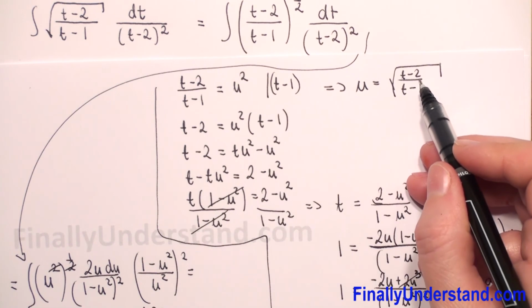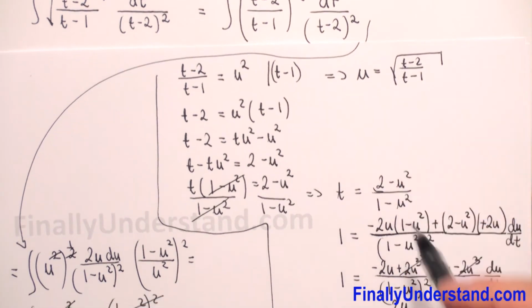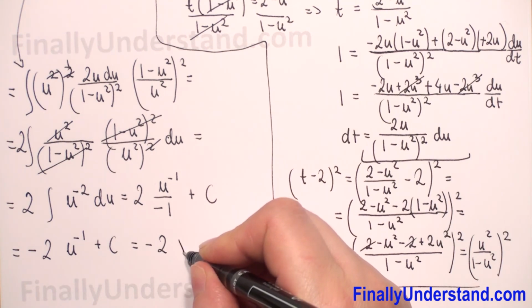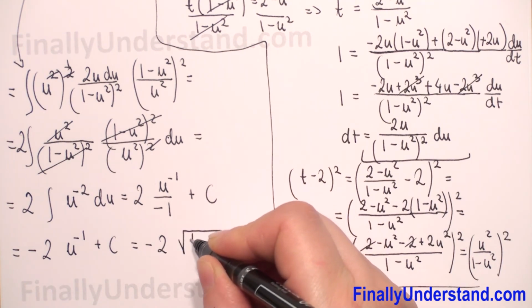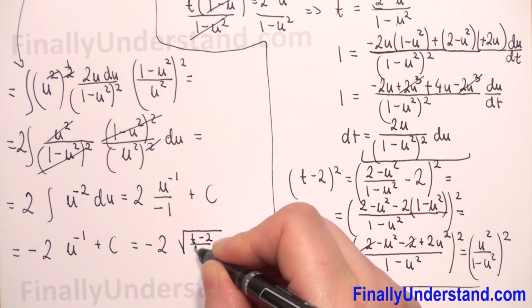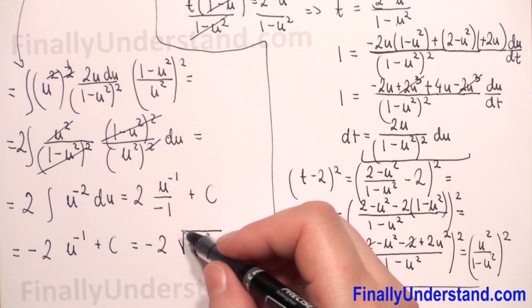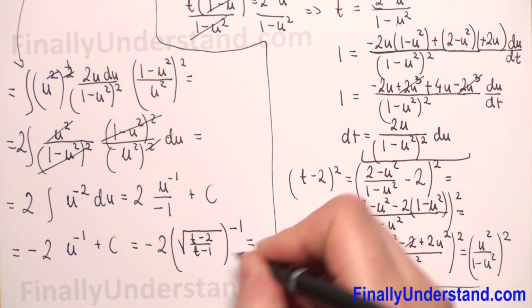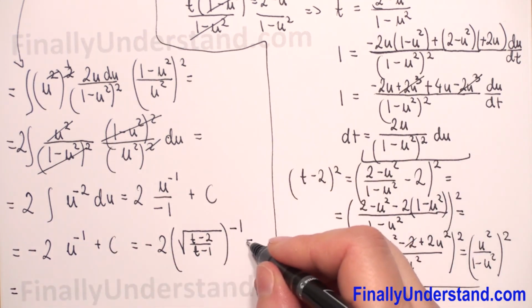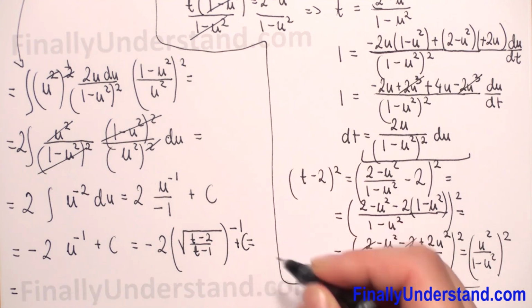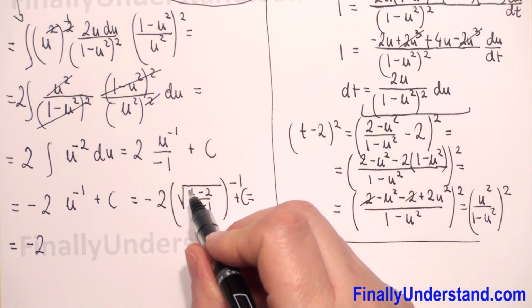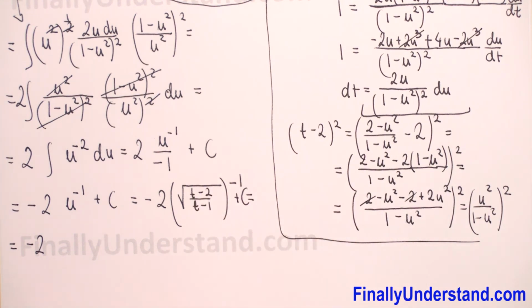We have the square root of (t minus 2) over (t minus 1), everything to power negative 1. So this is equal to, plus constant c, of course, negative 2, and we will have to flip the expression which is under the square root.